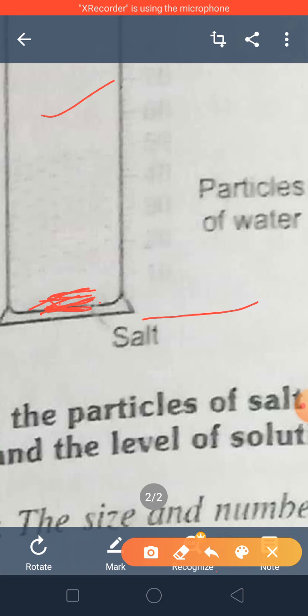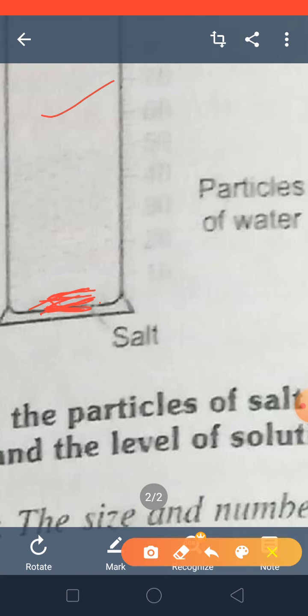If you add some more salt and stir the mixture, you can see that the volume of the water does not go beyond 50 ml after every stirring, until the solution becomes saturated, that is, no more salt is dissolved in the water. This indicates that the particles of matter have enough space between them.